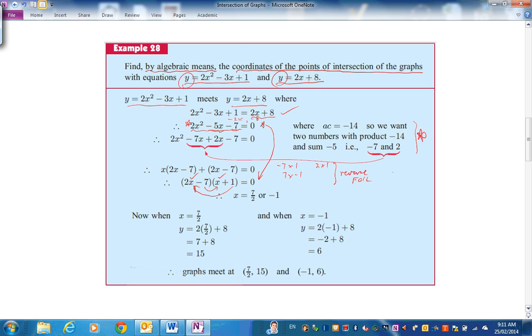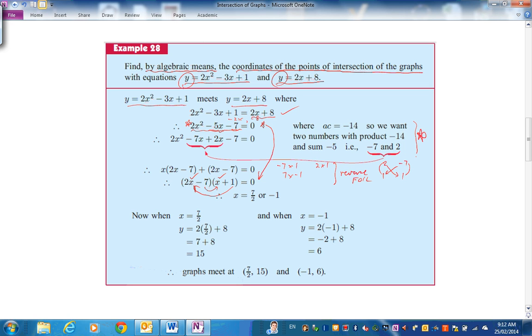Or you could use the x method, the cross method, couldn't you? 2 and 1, neg 7 and 1, like that. So 2x squared and neg 7, then 2 times 1 is 2, neg 7 times 1 is neg 7, and neg 7 plus 2 is neg 5 for the middle term. So there are a few different techniques.